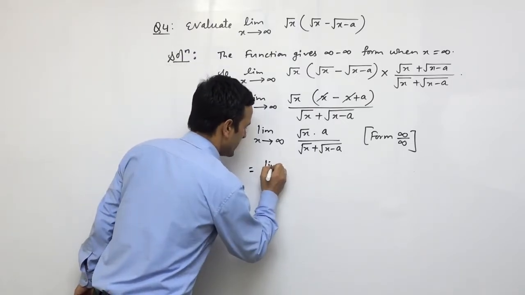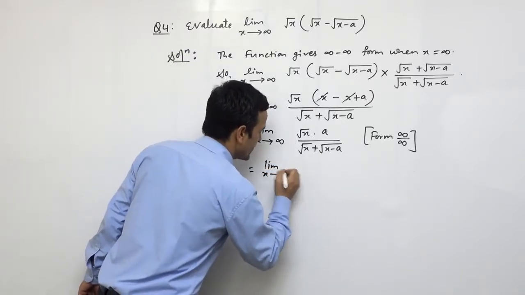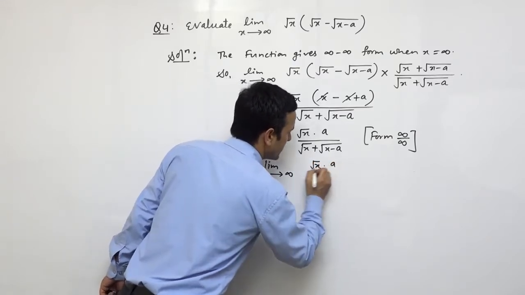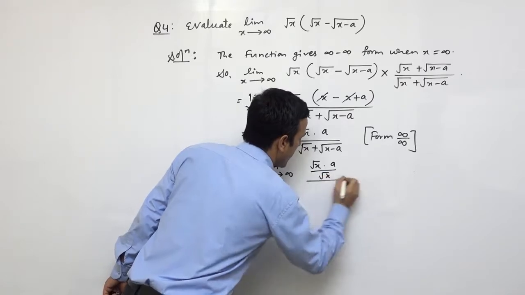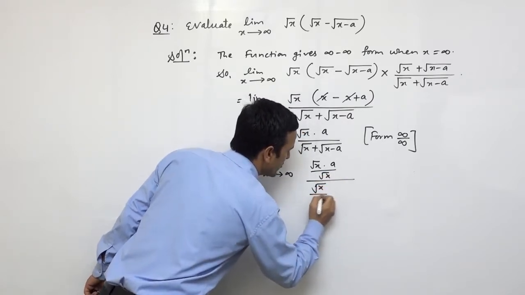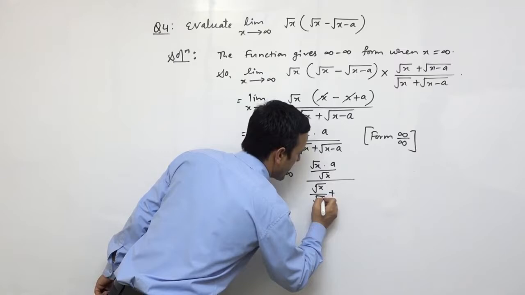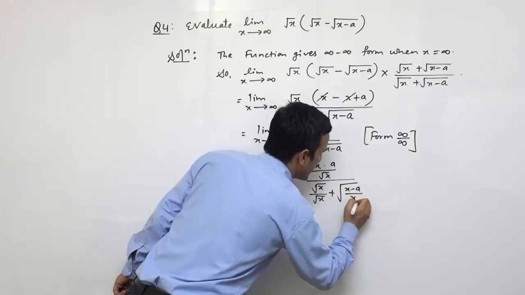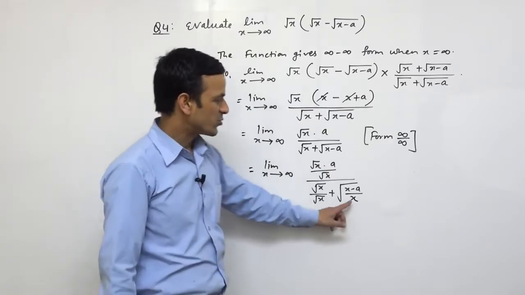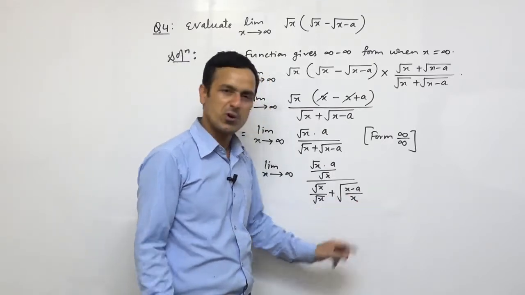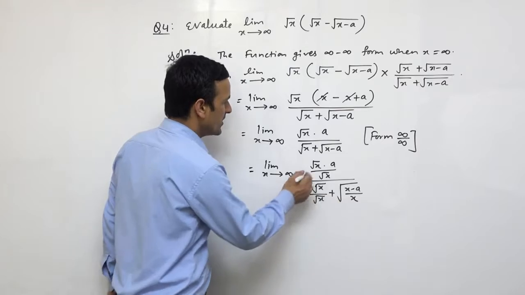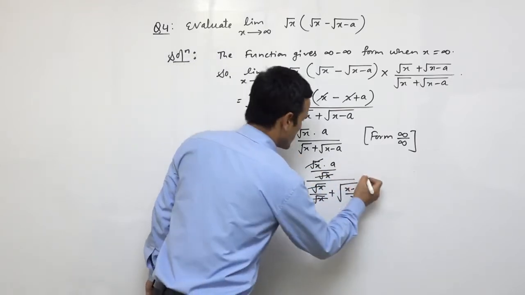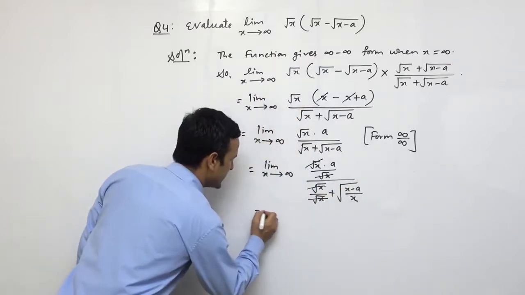So limit x tends to infinity. If we divide this by root x, and here is also divided by root x minus a divided by x. Writing root x separately and writing the whole as a whole root have the same meaning. So root x cancels. Here root x cancels. So we can write it like this.